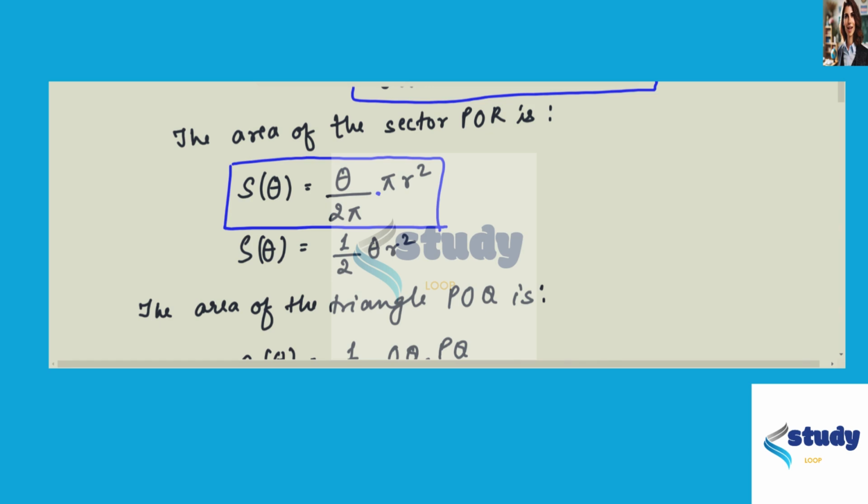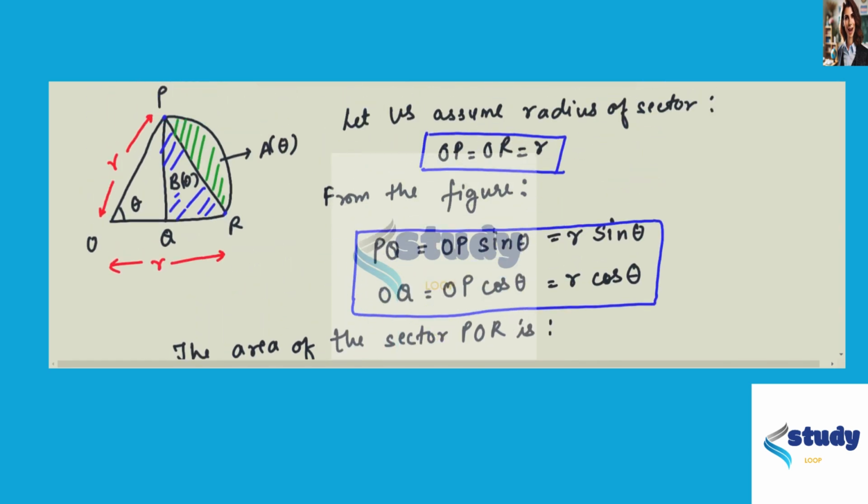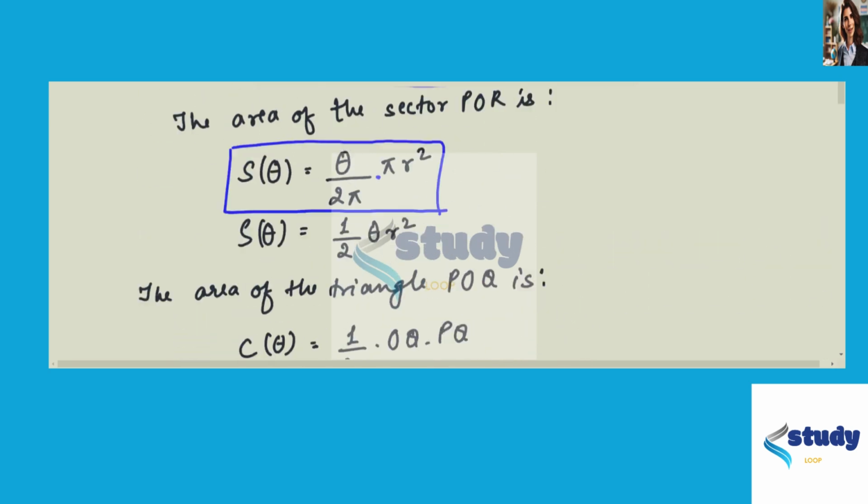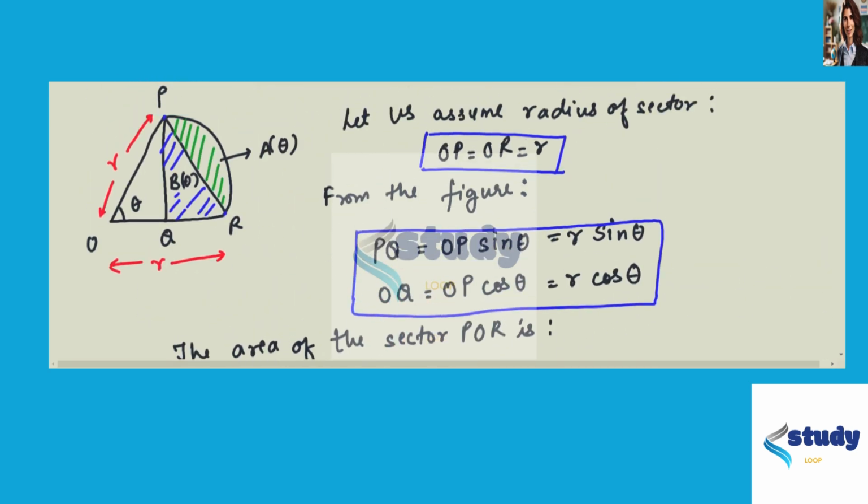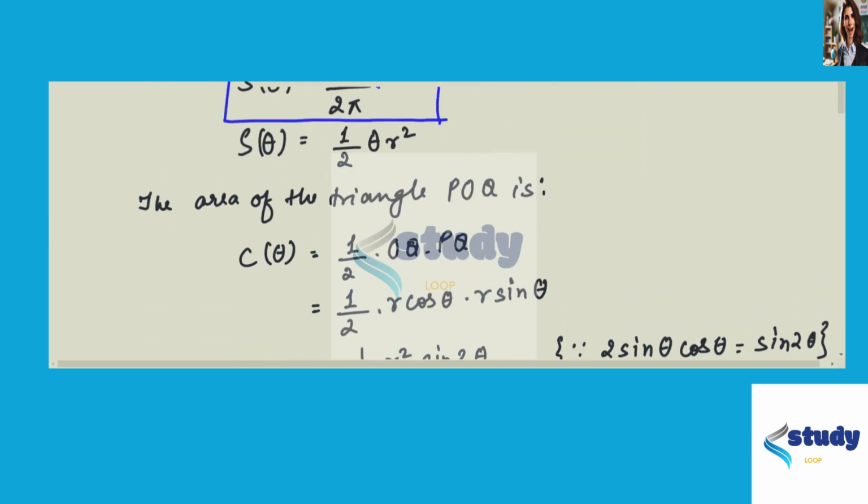The area of triangle POQ is, now we will find this. After that, we will subtract from this whole area this area, so we can get the A theta and B theta, right? So the area of the triangle POQ, C theta, is equal to half into base into height.